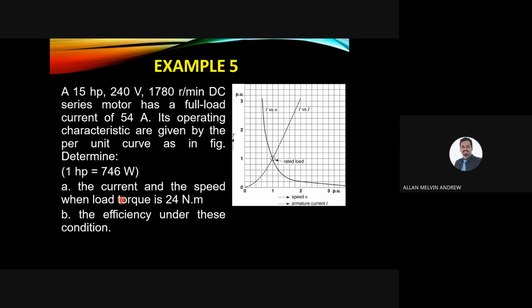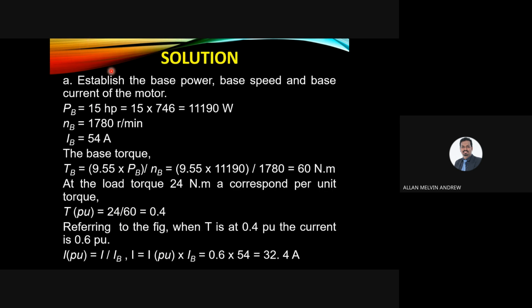So we see the first part first, the current and the speed. We need to establish the base power, base speed, and base current of the motor. Base power is 15 HP, so 15 times 746 is 11190 watt.